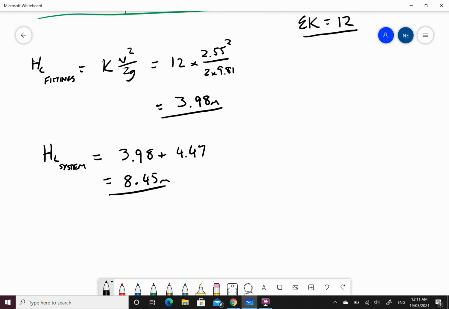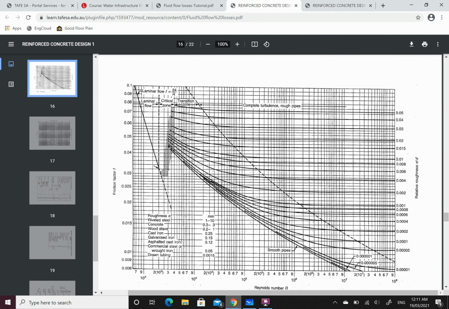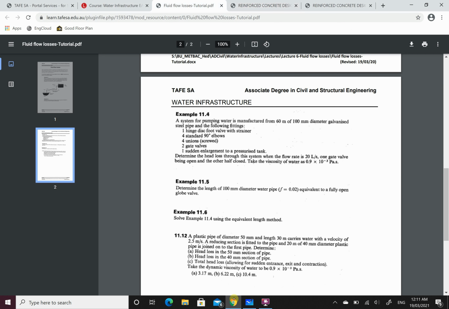Adding in friction and fittings, again you could use that one formula and be done with it much quicker. So what have we got next? Determine the length of a 100mm pipe that is equivalent to a fully open globe valve. We've done this before. All we need to do is work out the loss, then calculate your LE.